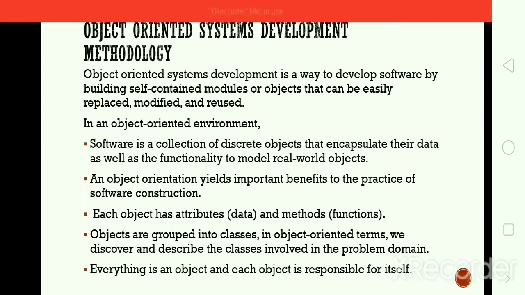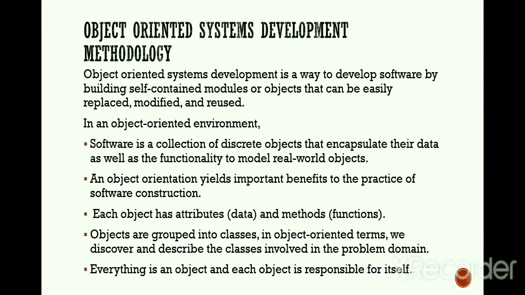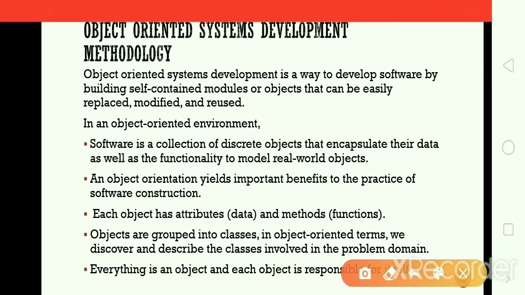It is a collection of discrete, countable, finite set of objects, and each object encapsulates its data as well as functionality to model real-world objects. Real-world objects may be anything: car, bus, refrigerator, fan, TV, anything. The definition of an object is nothing but a real-world entity.